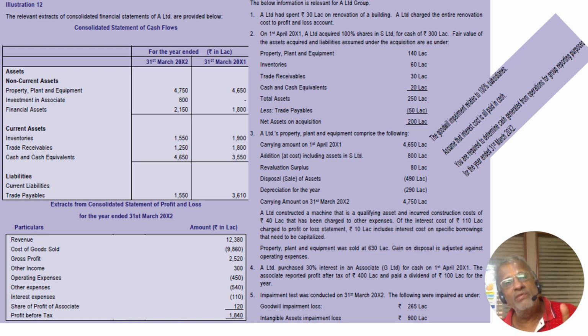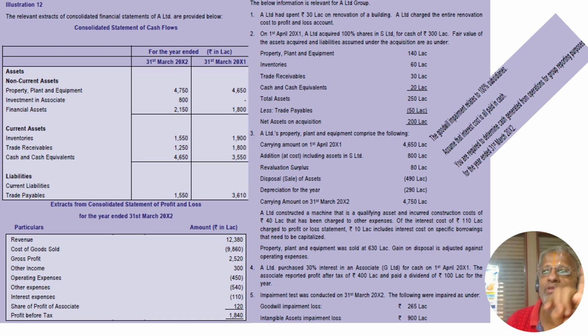That 140, being the gain, is impacted in your current year's profit. So we are expected to deduct that, because that gain is included in the current year's profit, which is not coming through your operating activity. Therefore, alongside the sale of that PPE, it will find a place in investment activity.